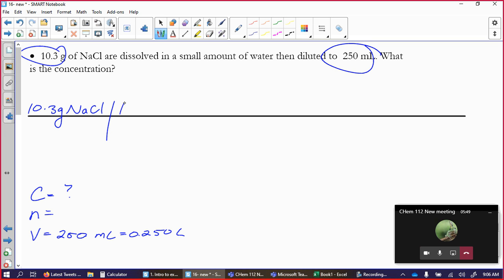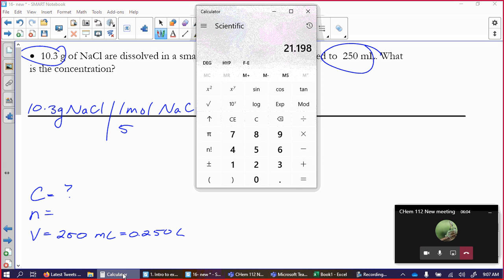Well, if we have mass, I can convert. 1 mole, 35 and 22, I want to say it's 58.44. Yeah, of course.